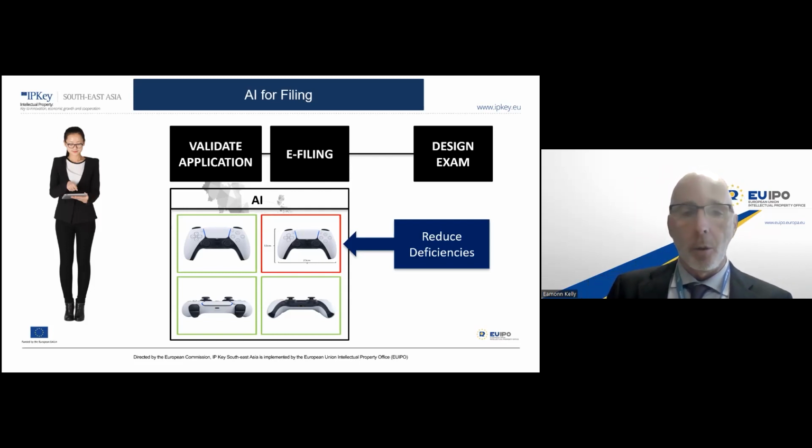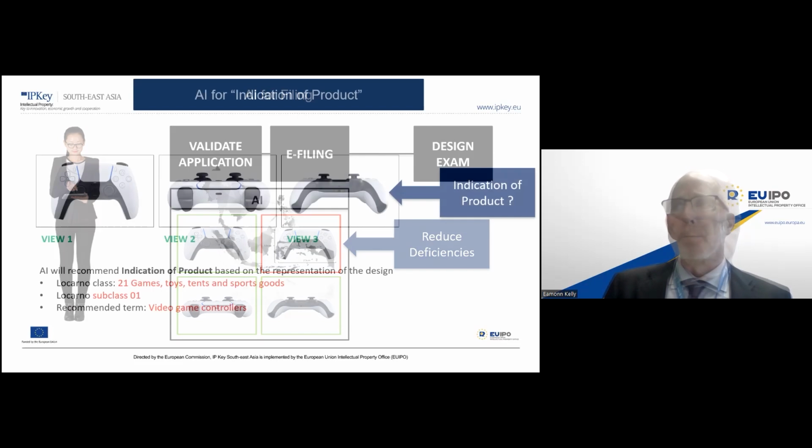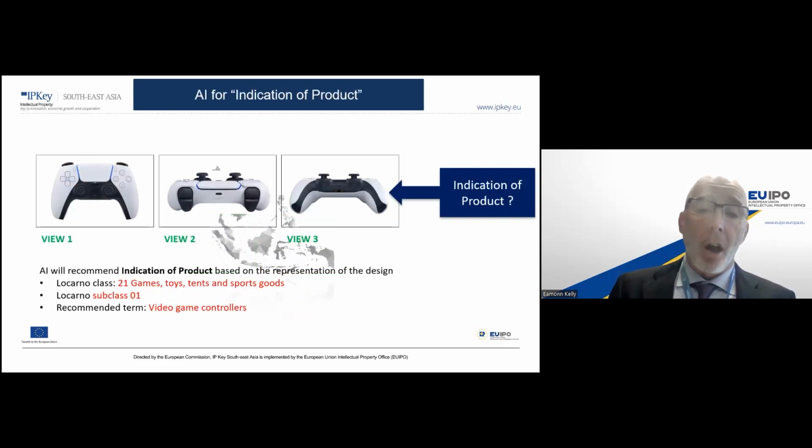That is one initiative which is ongoing in order to improve the examination efficiency. Now, building on the AI, as it becomes more and more intelligent on being able to identify deficiencies, we hope also in the future that AI will be able to identify the indication of product.